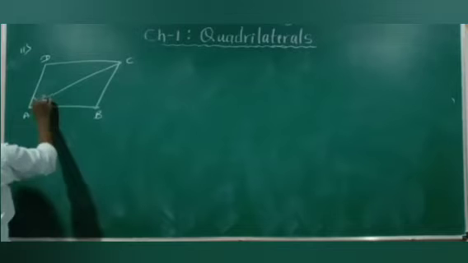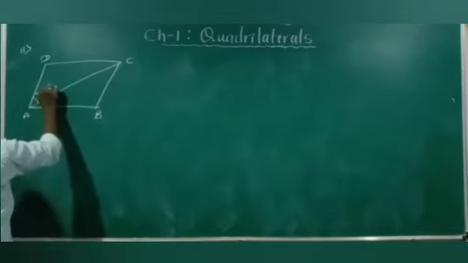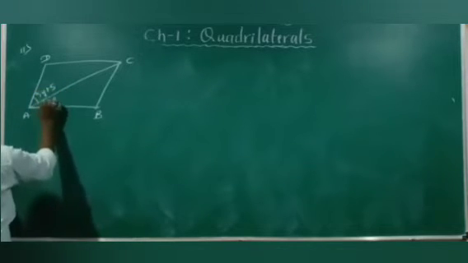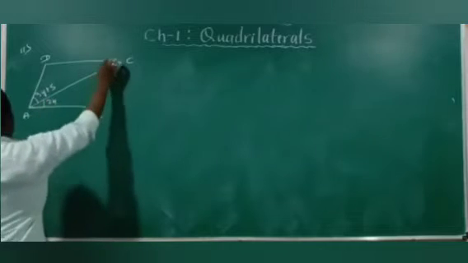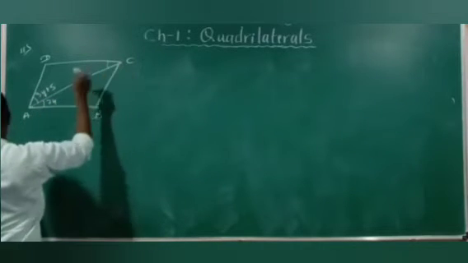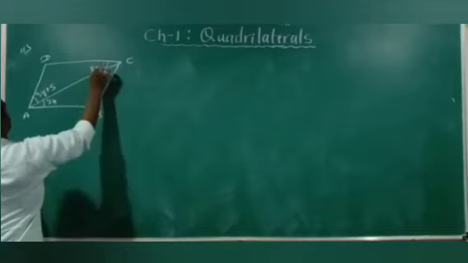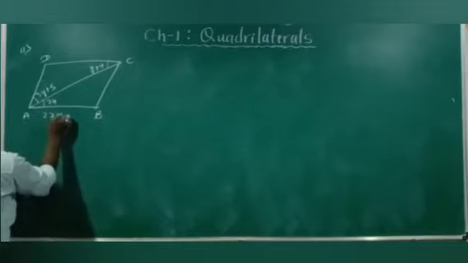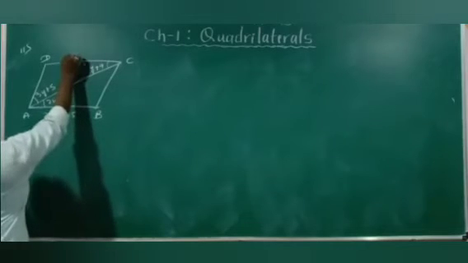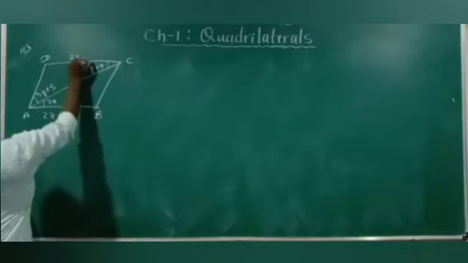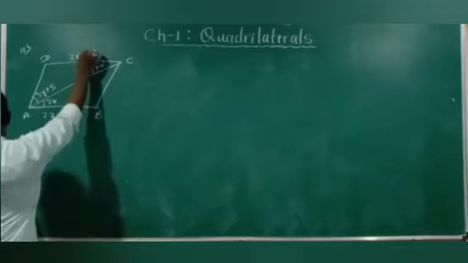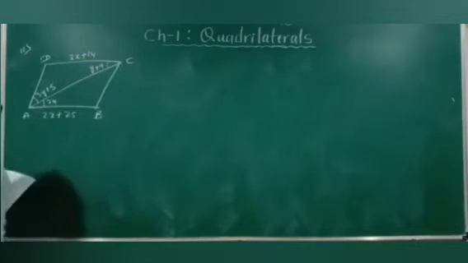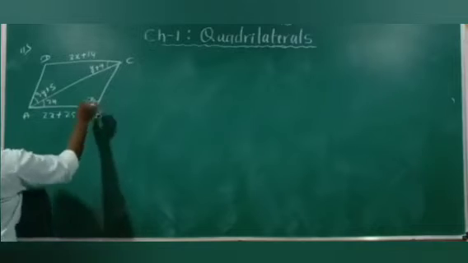The two angles are 3y plus 5 and 24, and the upper angle is y plus 9. Side AB is 2x plus 25 centimeters and the opposite side is 3x plus 14 centimeters. This is the Z one.